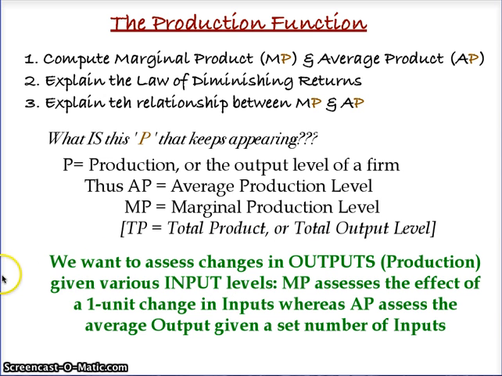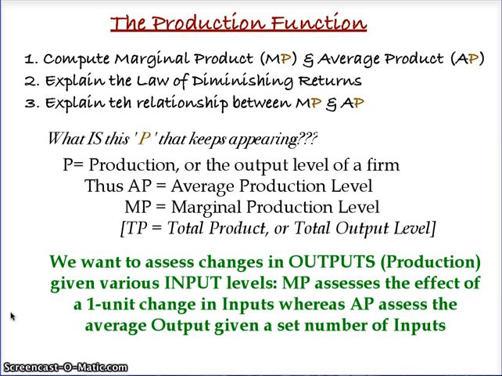Really what we want to do is assess changes in outputs, production levels, given various input levels. Marginal product, being marginal, are changes that take place when a 1 unit change in input takes place. So how much output do we receive when we add 1 more input level? That's marginal product.